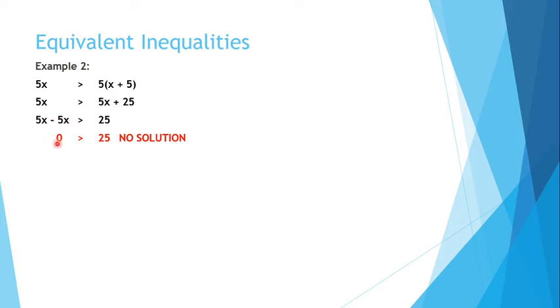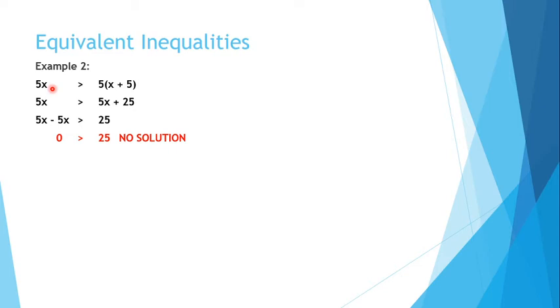Now what will happen to this type of inequality is that if what comes out after finding x is a false statement, then that means that there is no solution for this inequality. So what does it mean? It means that any number that you substitute for x will never satisfy the inequality.